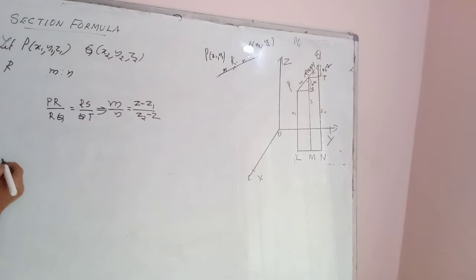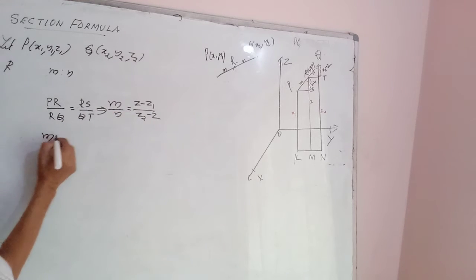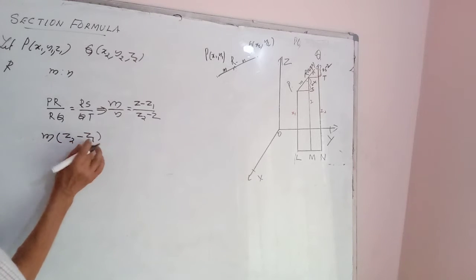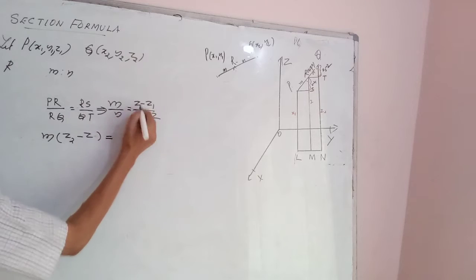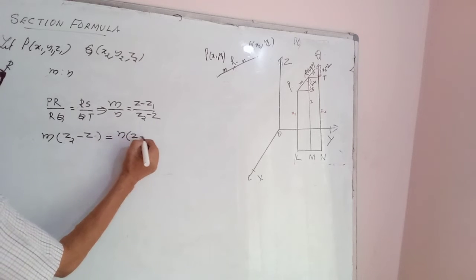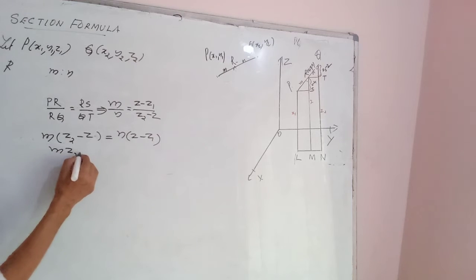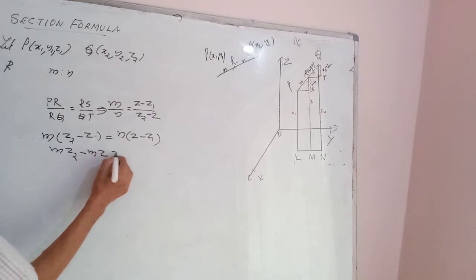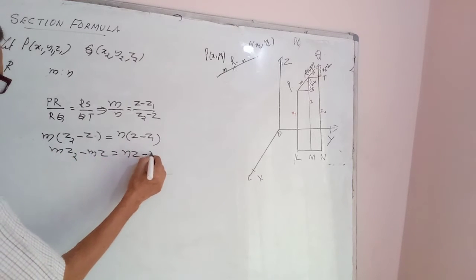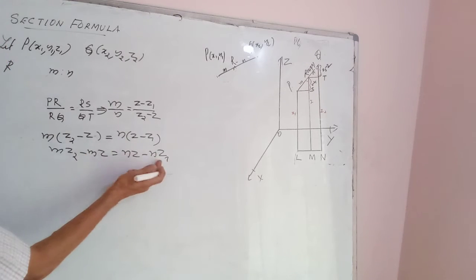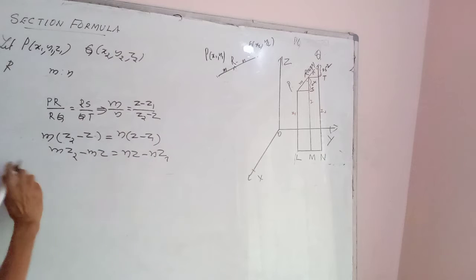Cross multiply. m into (z2 minus z) is equal to n into (z minus z1). Open the bracket. m z2 minus m z is equal to n z minus n z1. Bring this to this side, and this minus n z1 here.